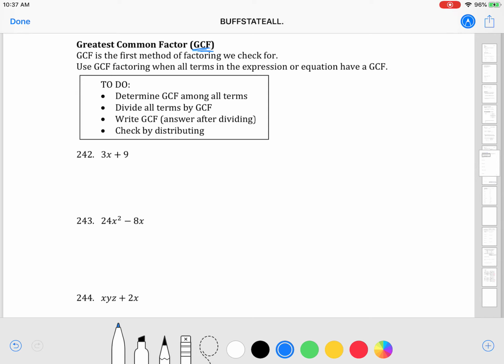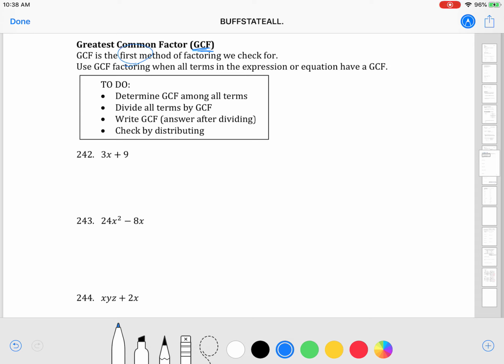If you look at your expression or your equation and you don't see something that the terms have in common, you are not going to use this method. If it does have a GCF, you are going to use it. It's probably the toughest one to decipher when to use it, but honestly, it's just if there is one, you do it, and you always look for it first.